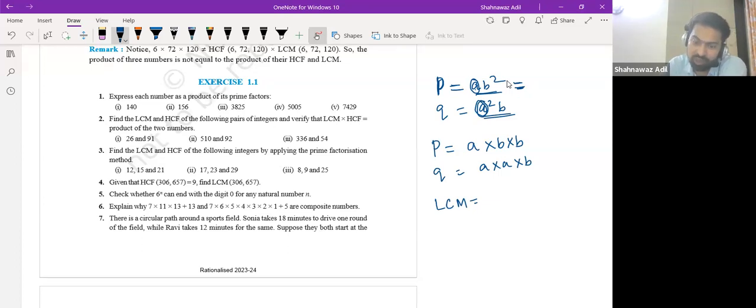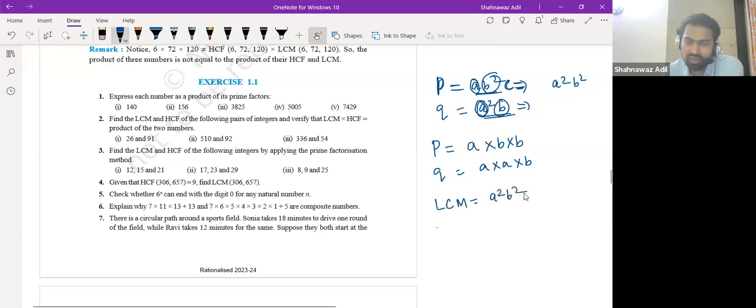Lowest. Oh, sorry, in HCF it is lowest; in LCM, highest. So the highest power of A is A square, right? And the highest power of B is B square. And we don't have any residual terms. Let's say if there would be a C, then LCM would include C also. But we don't have any other terms. So LCM would be, as Abir said, A square B square, right?